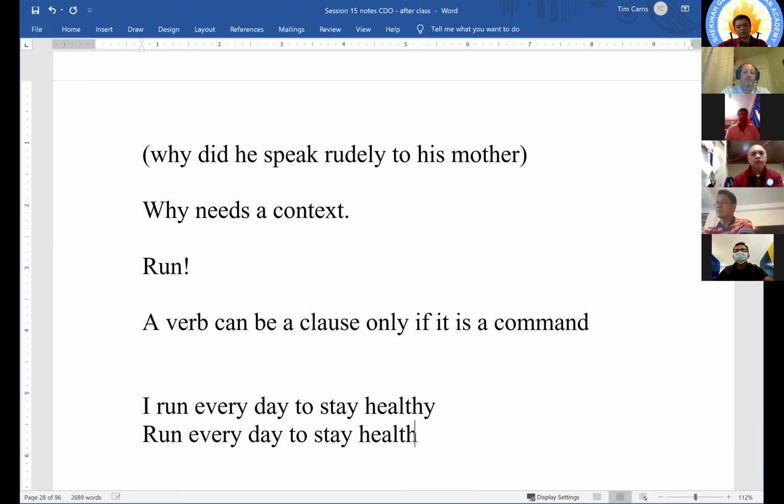Is that a command or a statement? It's an imperative. It's a command. I didn't say if you run every day. I said run every day to stay healthy. So it's more forceful, more direct.